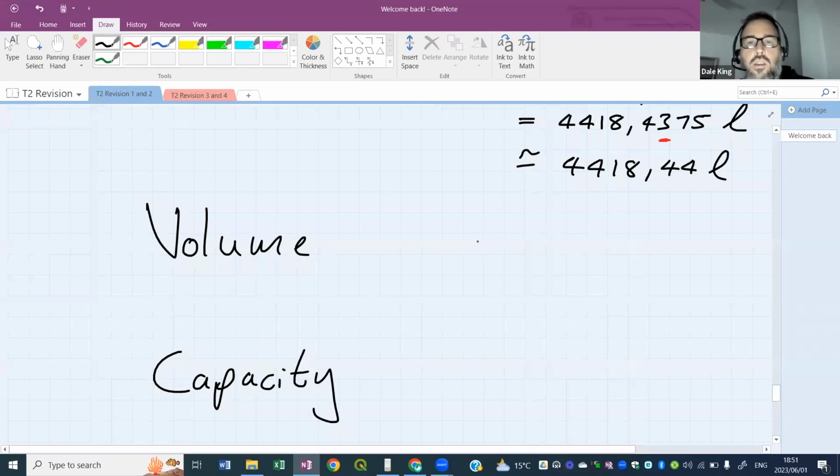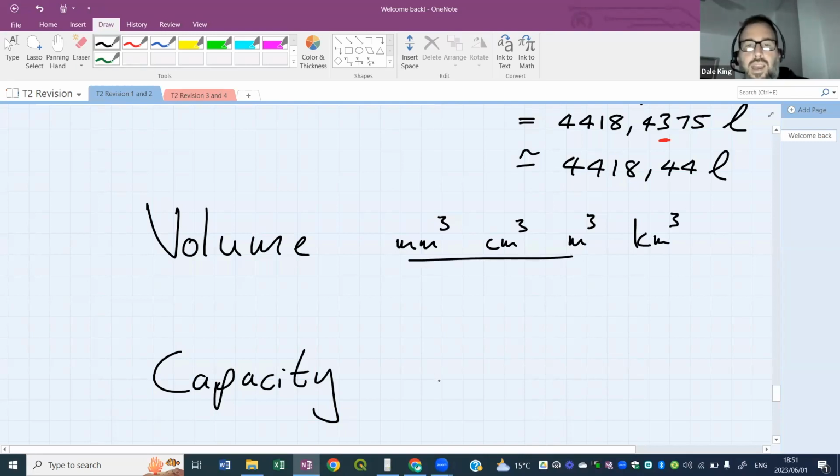Volume is millimeters cubed, centimeters cubed, meters cubed, and you hardly ever see it, but kilometers cubed. It's usually the first 3. Capacity is milliliters, liters, and kiloliters. Those are the units for capacity.